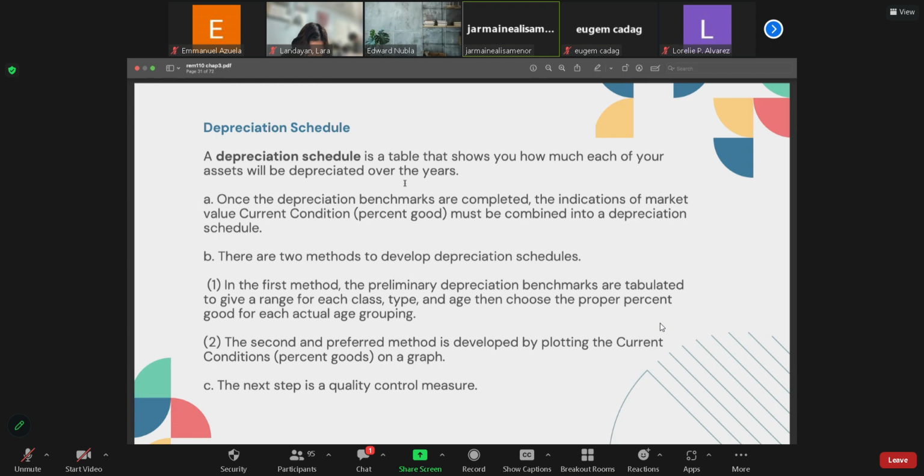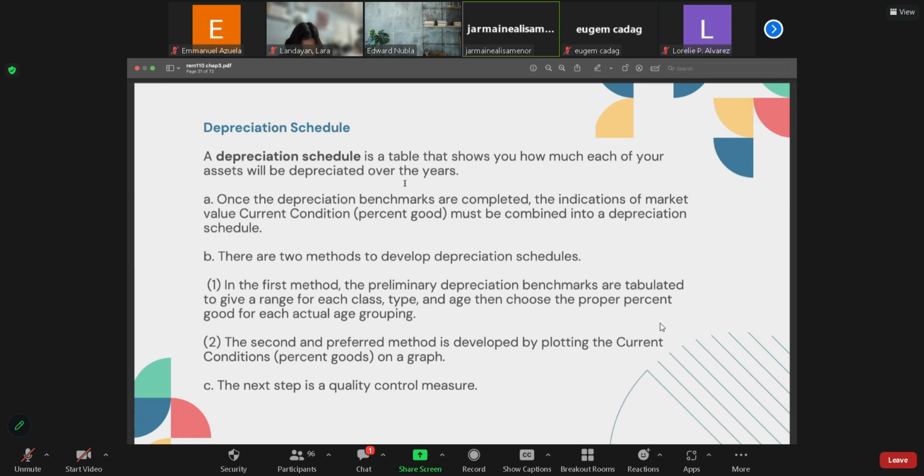The second and preferred method is developed by plotting the current condition on a graph. The vertical axis represents current condition, percent good, and the horizontal axis represents actual age. After the typical sales are plotted on the graph, the depreciation curve to represent the central line of the plotted sales shall be drawn. From this graph, a depreciation schedule can be developed.